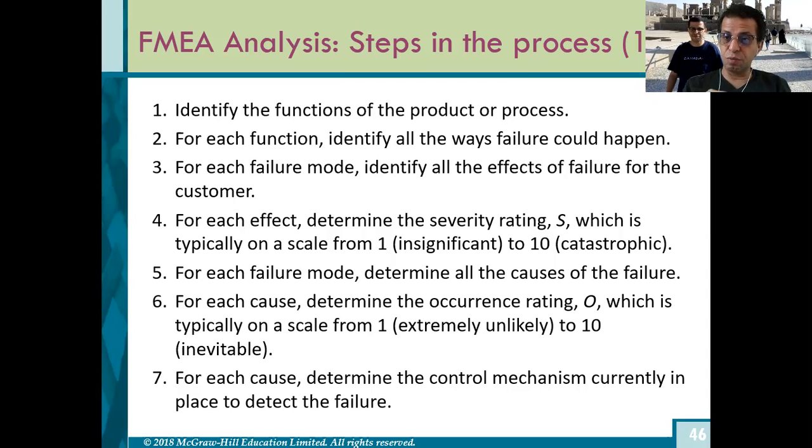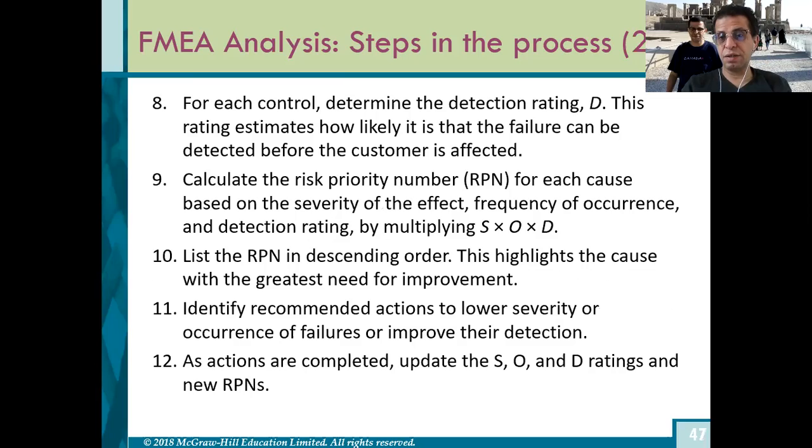For each failure mode, then we determine all the causes of the failure. For each cause, determine the occurrence, which is typically on a scale from extremely unlikely to 10, it will happen eventually. And then for each cause, determine the control mechanism currently in place to detect the failure.